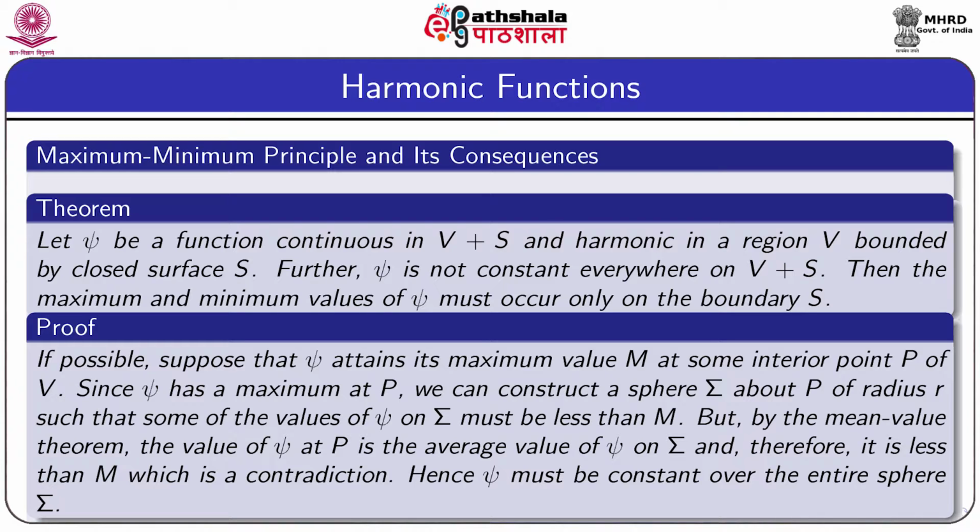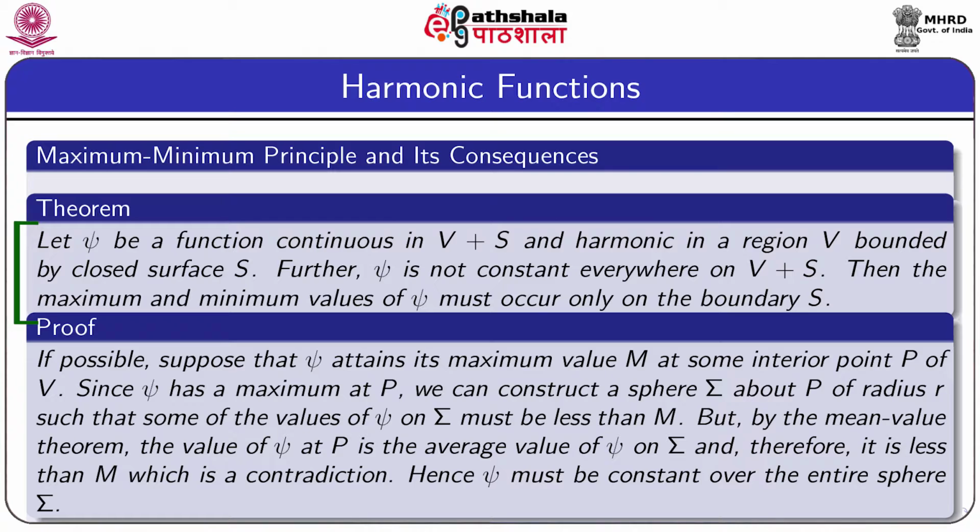Now, there is one important theorem which is known as the maximum minimum principle, and this principle can be proved using the property of harmonic functions. First, I shall state the theorem and then I shall prove it.